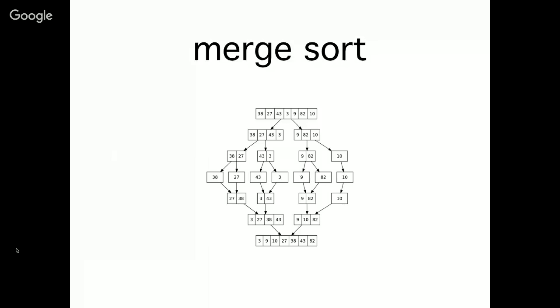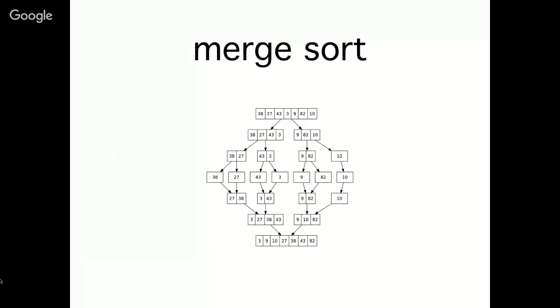happening where, again, I have a sorted list here and a sorted list here. I can start with the 27 and 38, right? I've got these 2 sorted lists here, 3 and 43, and so on and so forth. It gets more interesting when you end up sorting these larger lists, where you've got the 27 and the 38 and the 3 and the 43.